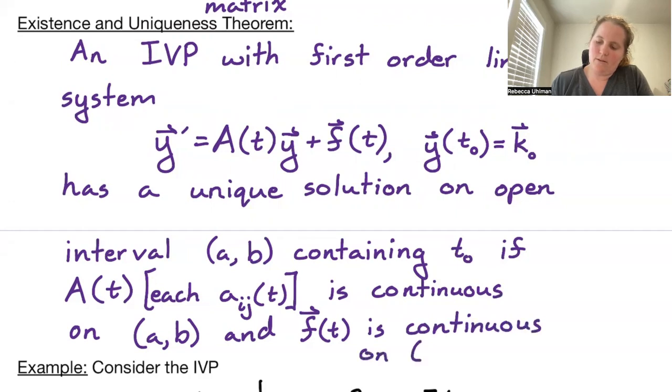So this is, as I said, essentially the same conditions we've had for all of our existence and uniqueness theorems for linear differential equations. For our first order linear system, we just need all of those coefficient functions to be continuous, as well as our forcing functions.